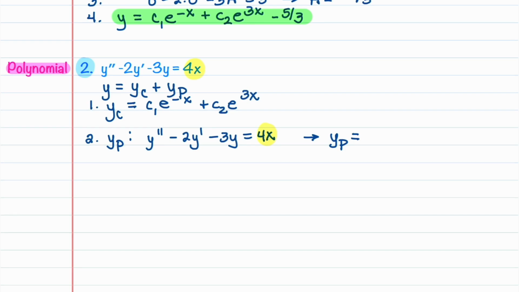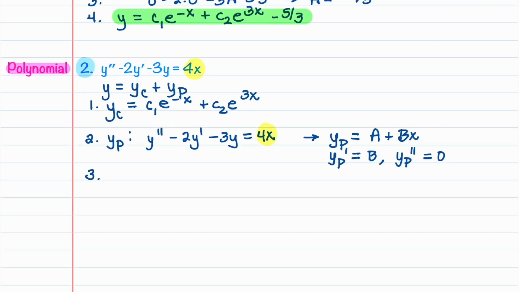It is a first-degree polynomial, so y sub p is going to be a plus b times x. Let's go ahead and find the first derivative because we're going to have to plug these in. So the first derivative is equal to b, and then our second derivative is equal to 0.